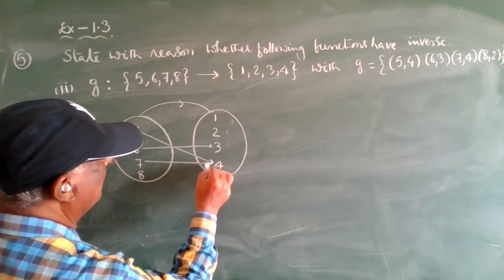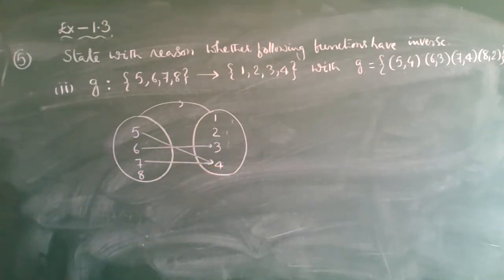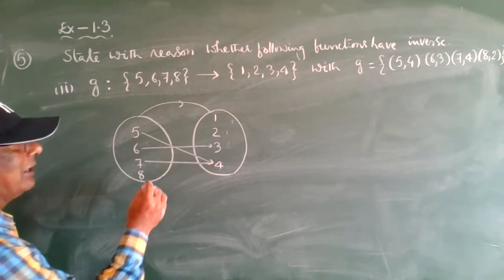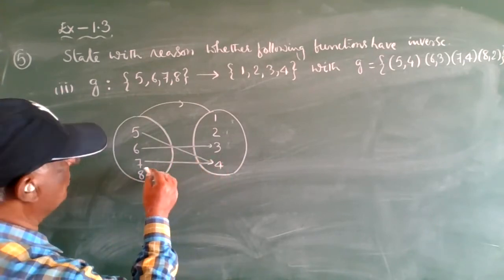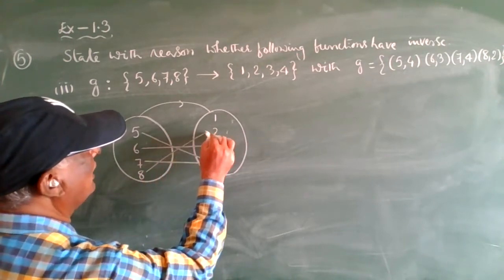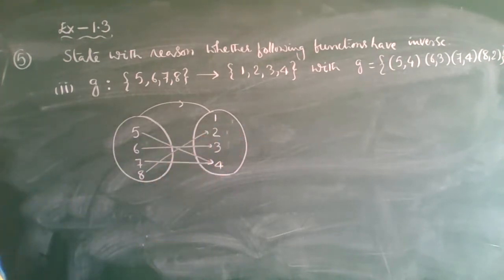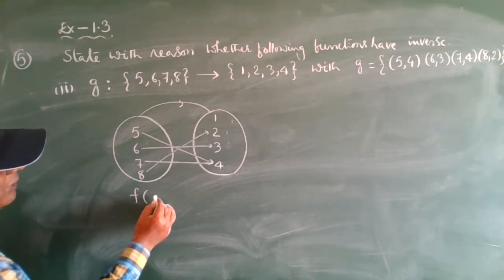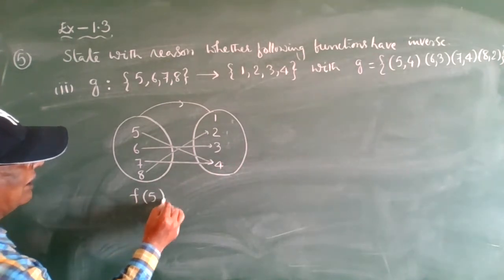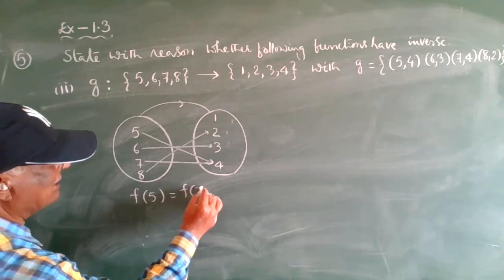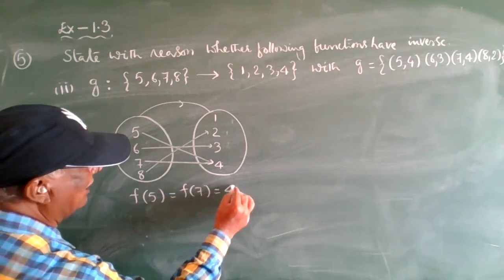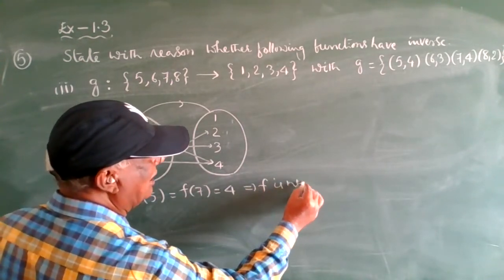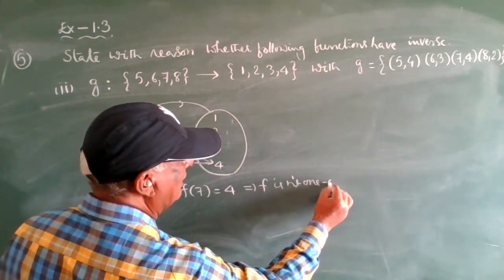Two elements have the same image, so not one-one. 8 images 2. So write down: g of 5 and g of 7 have the same image, g is not one-one.